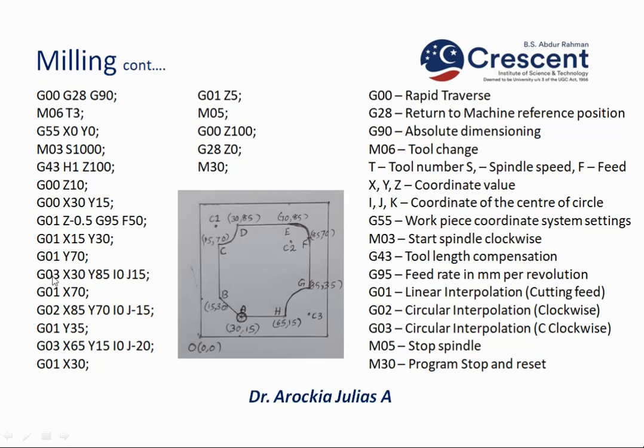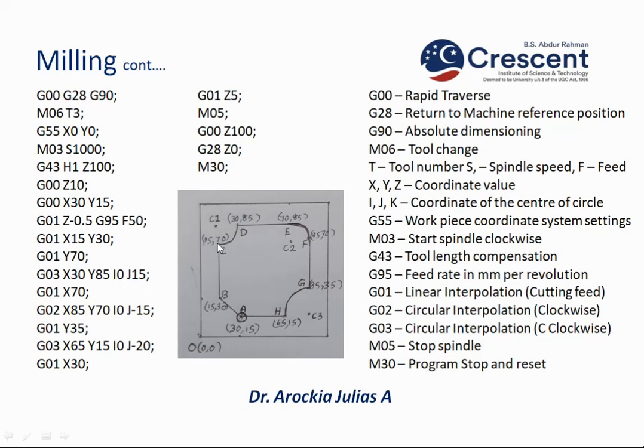Next we have to take a circular interpolation. This is circular interpolation counterclockwise, so we use G03, and from C to D the values we have to define. The tool is located at C. Now you have to define the path for D, that is X30 Y85, and the center value you have to give. Okay, I and J. X, Y, Z is the coordinate value, I, J, K is the center of the circle.